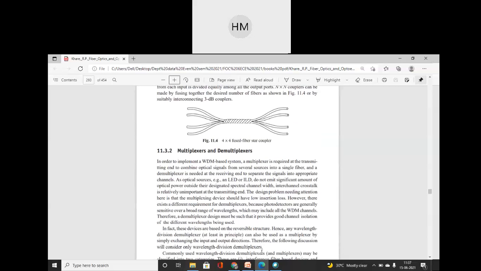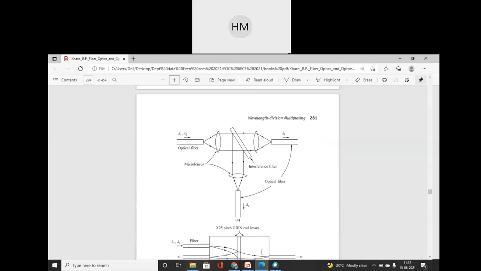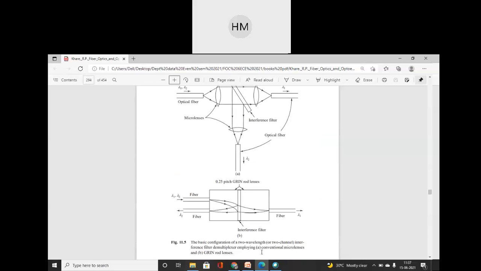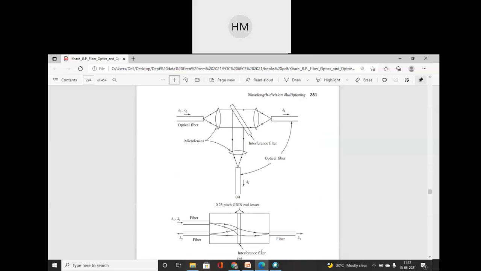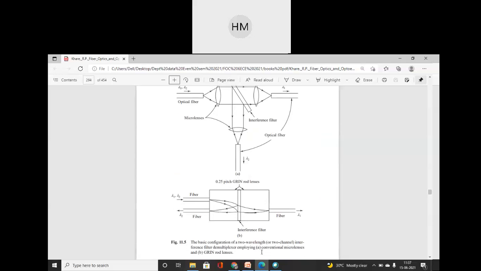Now, multiplexers and demultiplexers. Right now, we have completed this topic. You can see a little bit different structure for multiplexing and demultiplexing. Interference filter demultiplexing employing conventional micro lenses and GRIN rod lenses. These lenses are used with fiber, and this is your device where these lenses are placed, and we can multiplex or divide or split the wavelengths coming from this input fiber.